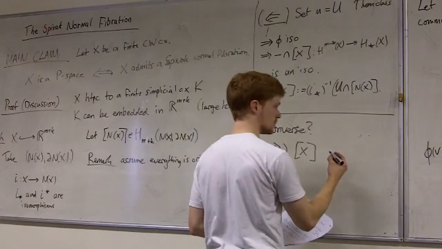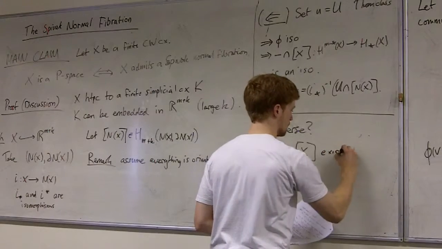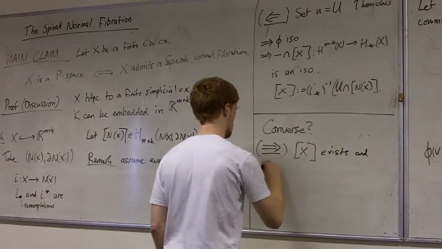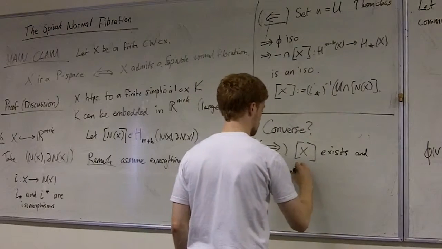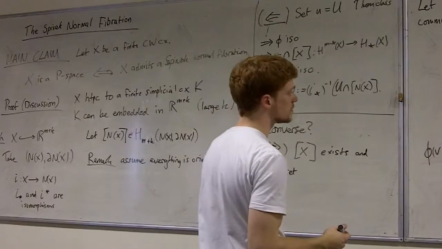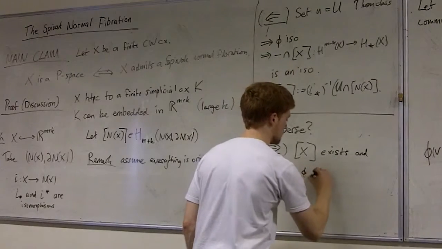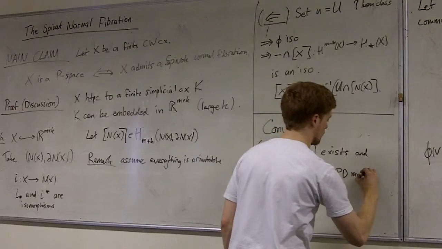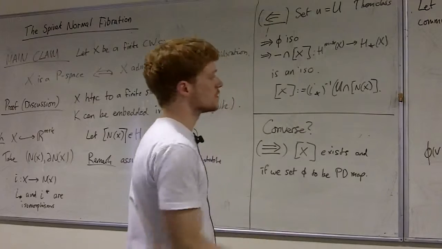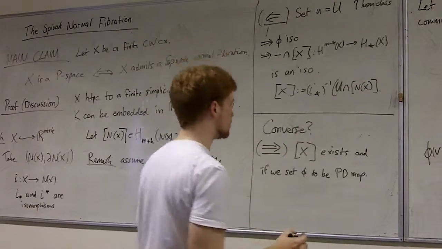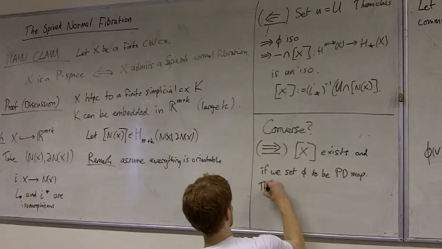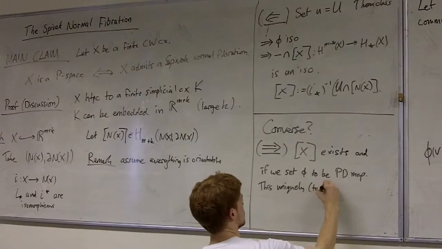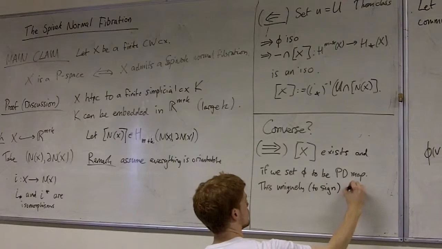So x exists, and if we set phi to be the Poincaré duality map, so that this commutes, this uniquely defines U, up to sign.